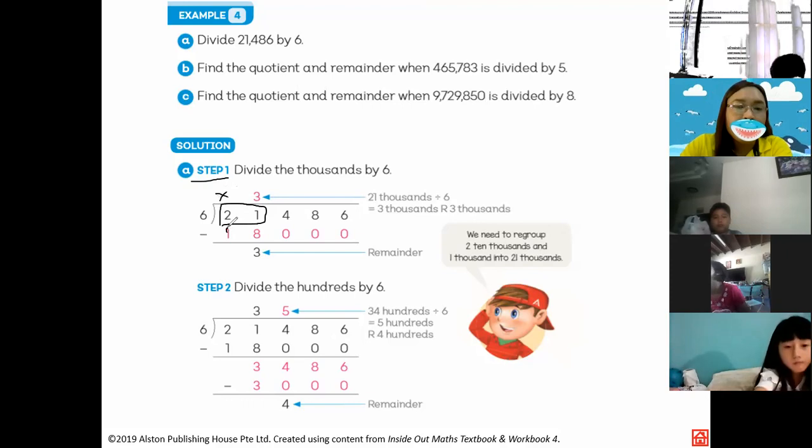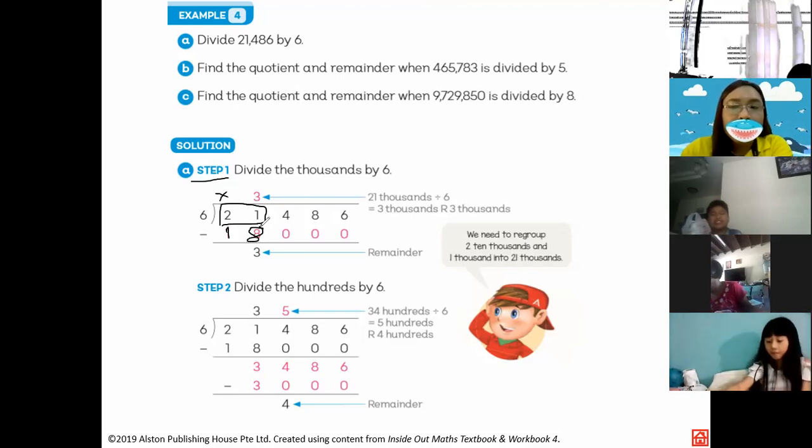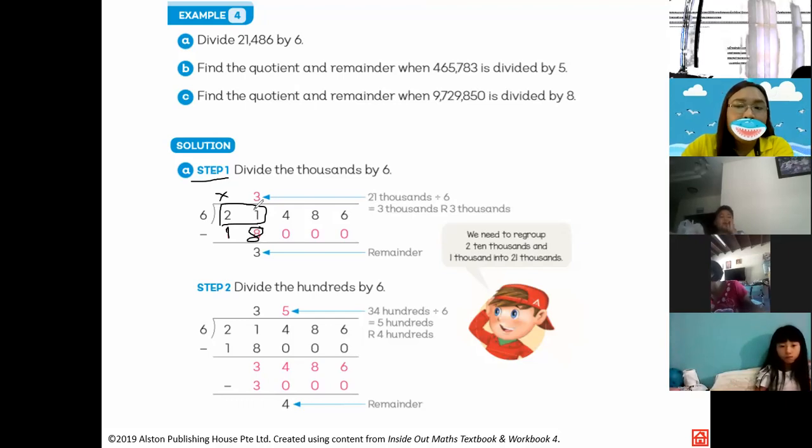We put 18 over here. After that, we subtract: 21 minus 18 is 3. That's the first step.